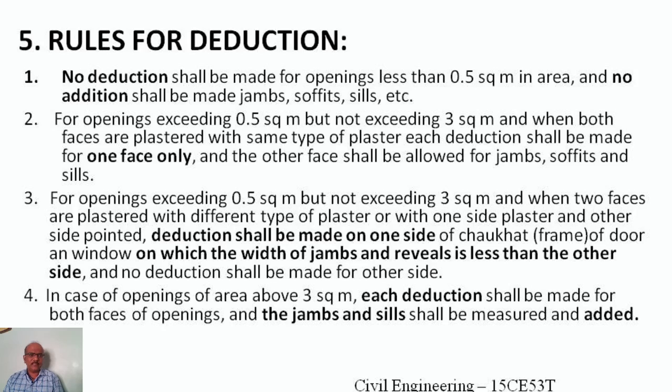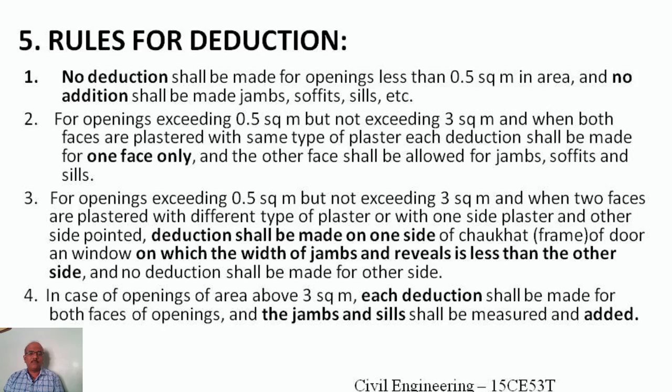In the second case, when the area of opening is more than 0.5 square meter and less than 3 square meter, and different types of plastering are made, internal plastering and external plastering, because the thickness will differ and even the rate will also differ.